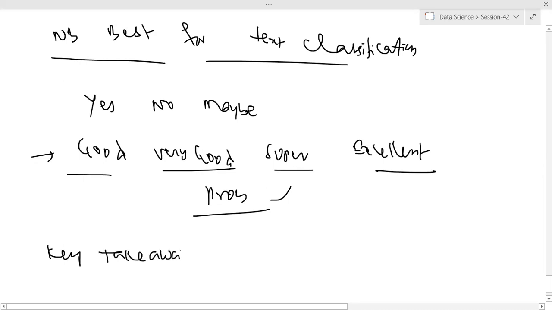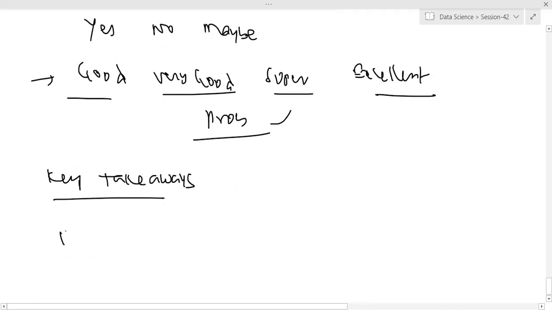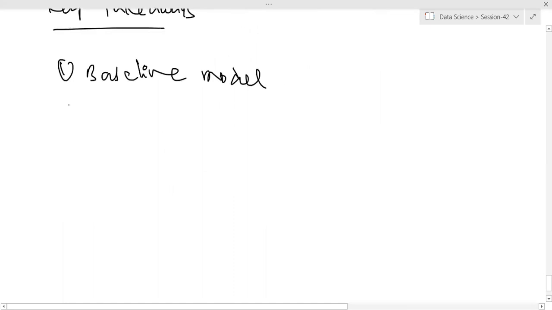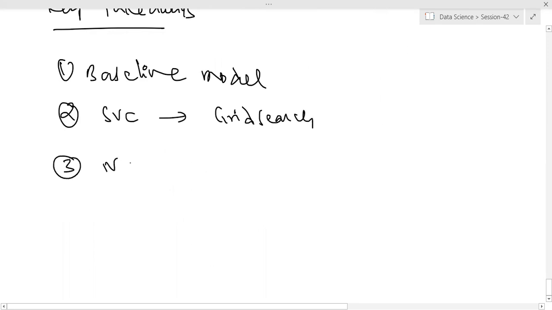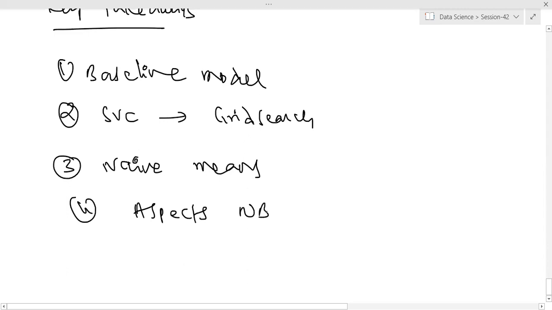You've seen the baseline model initially, and thereafter we discussed grid search and SVC, and then we introduced naive bayes: what exactly naive means, and which are all the aspects related to naive bayes.